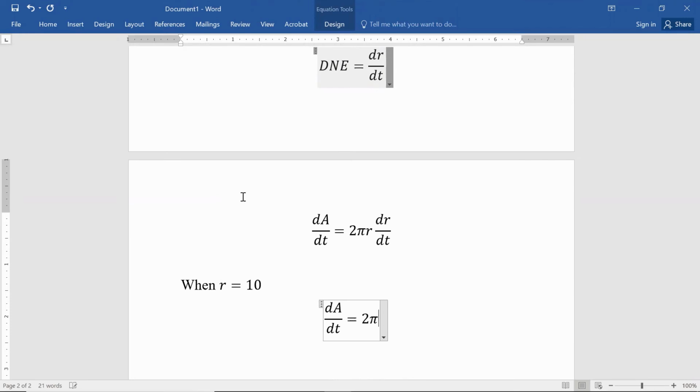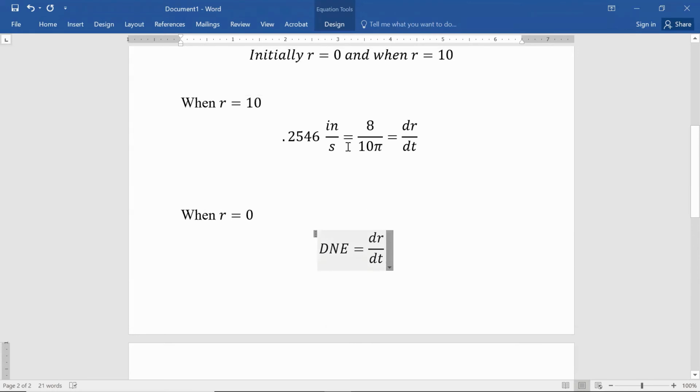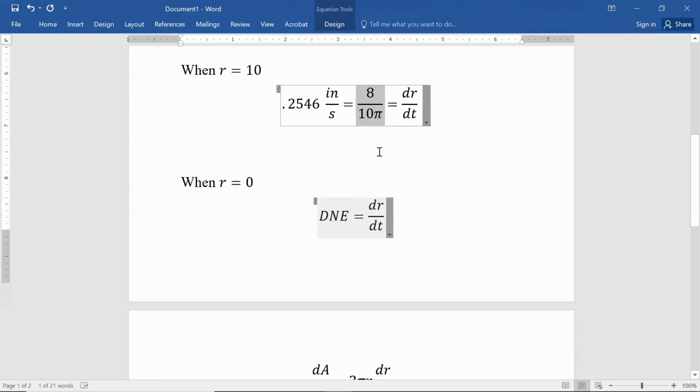R in this case is 10 times the change in r with respect to t. The change in r with respect to t is this, 8 over 10 pi.